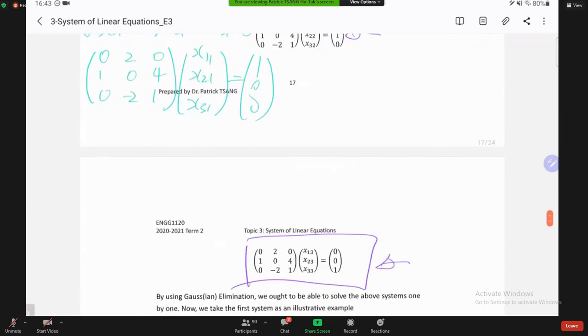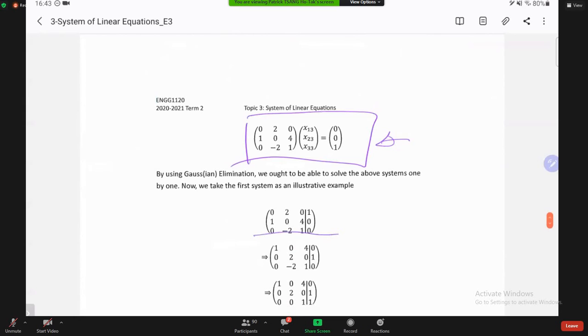I simply copy it down here and write it as an augmented matrix. Nothing new here. I just convert the first system as an illustrative example, and then the second and the third will naturally apply the same idea studied here.